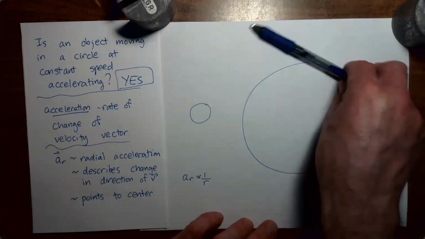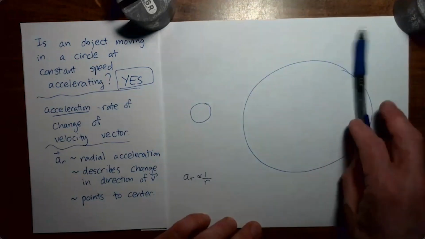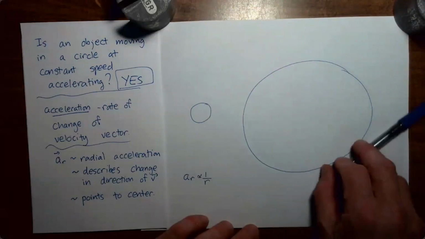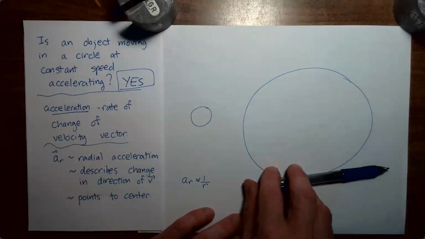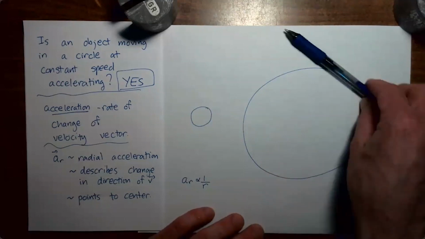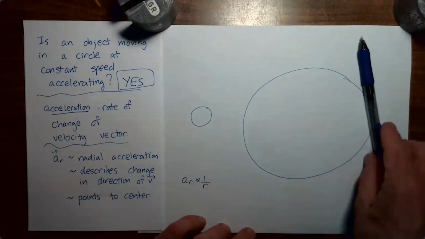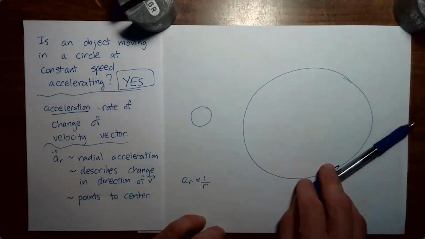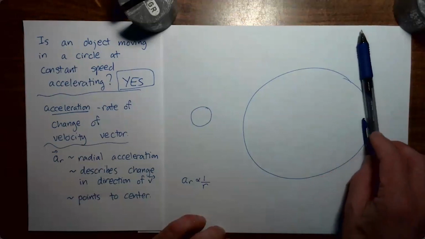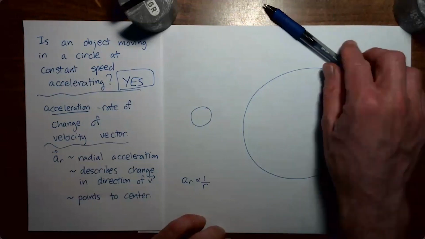Okay, now here's the object moving around the larger circle rapidly, and look at the rate at which the velocity vector swings around. Can you see that the velocity vector swings around more rapidly when the object is moving faster, and the velocity vector swings around more slowly when the object is moving more slowly?